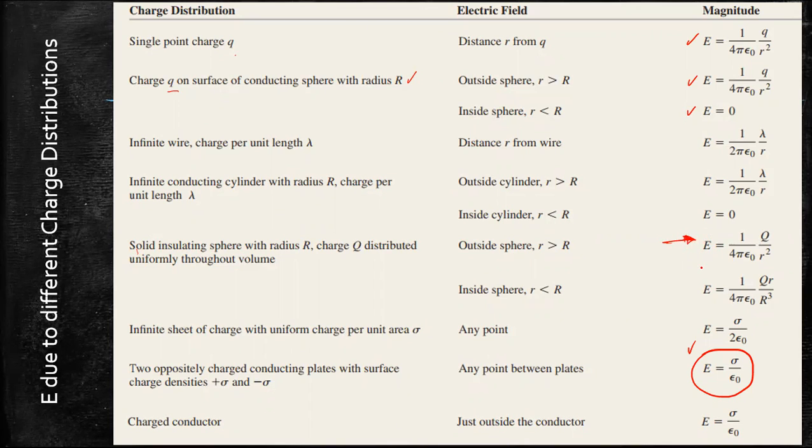So the electric field of the sphere outside the sphere will be exactly the same as a point charge, whereas for the inside of the sphere, we have a linear dependence on r. Remember, small r is the variable r, and capital R is the radius of the sphere. So we can work this out in later examples.